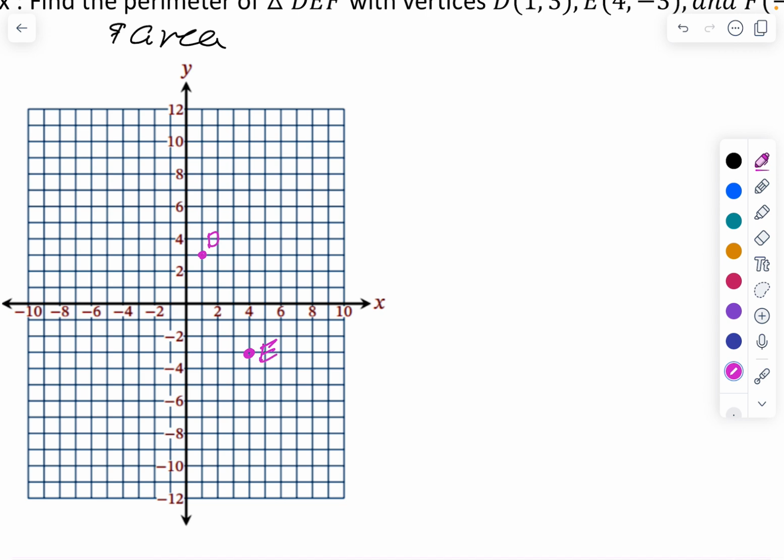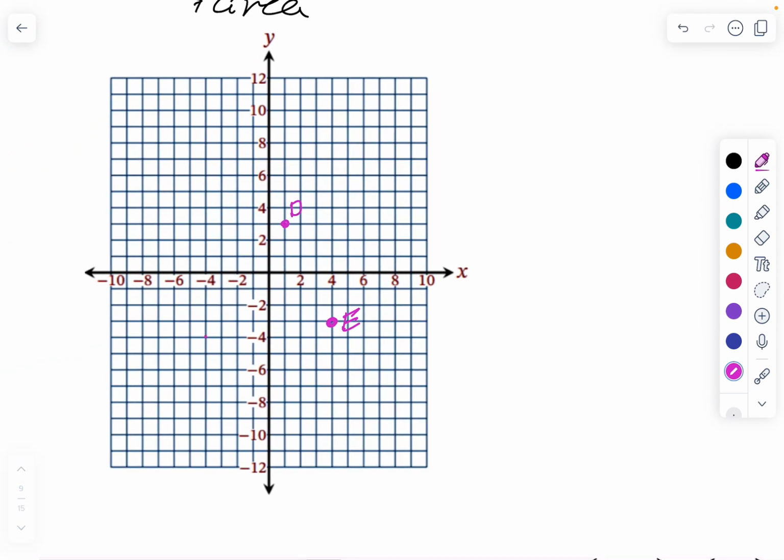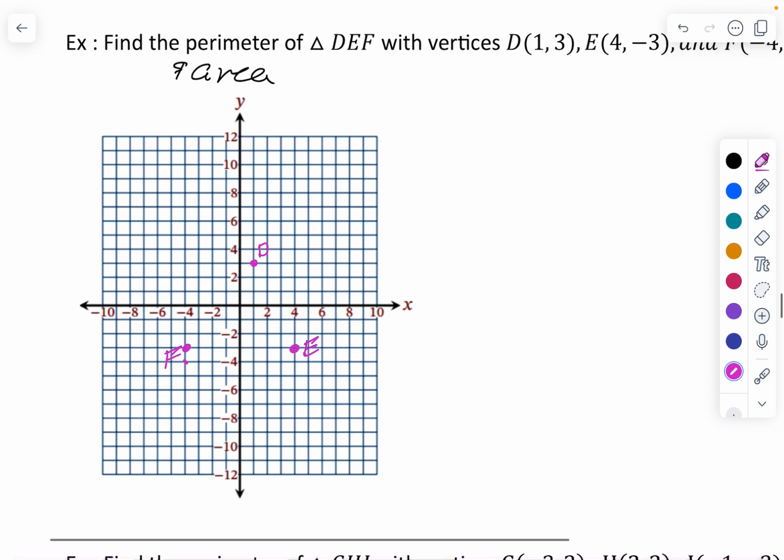F is at (-4, -3), so -4, -3, right there, F. We are going to connect those points to form a triangle.